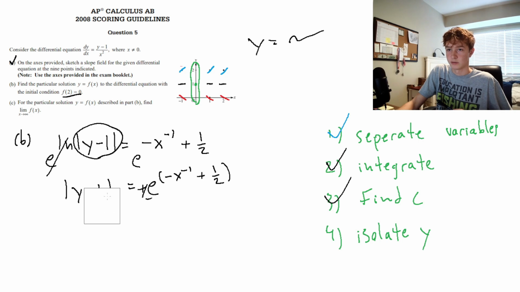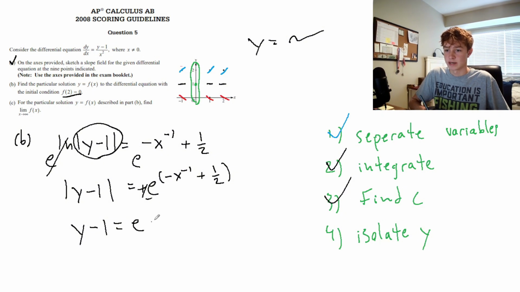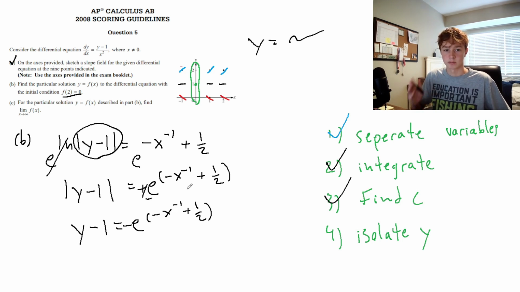You obviously wouldn't need to erase it on your test booklet. It should be y minus 1 equals negative e to the power of negative x to the negative 1 plus 1/2. Because if we plug in 2 comma 0 to this, we're going to have negative 1 equals negative 1, which is exactly what we want, because negative 1 equals negative 1 is a true statement.